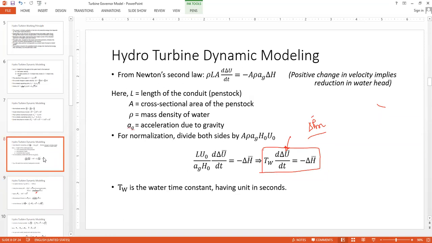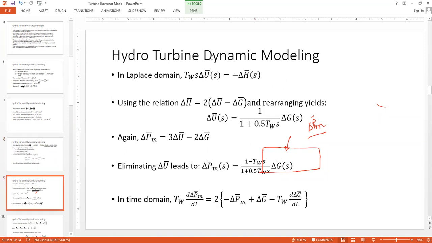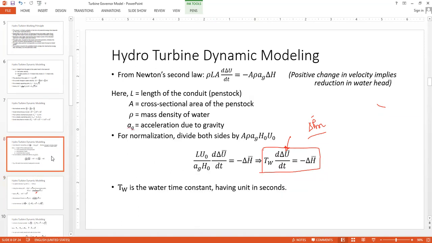Before reaching the expression of del PM, we simply have to take the Laplace transform to make it convenient, just to represent it in terms of a transfer function model. So in Laplace domain, d del u over dt becomes s, the Laplace operator, multiplied by del u, equals minus del h.